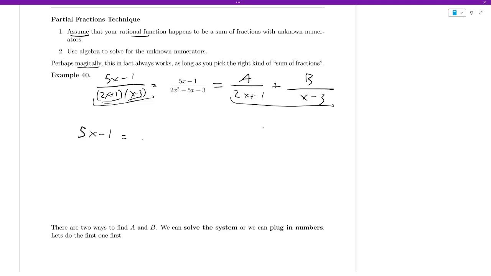On the right hand side, I'm going to have A over 2x plus 1 times the entire denominator, and then plus the B fraction times that entire denominator.